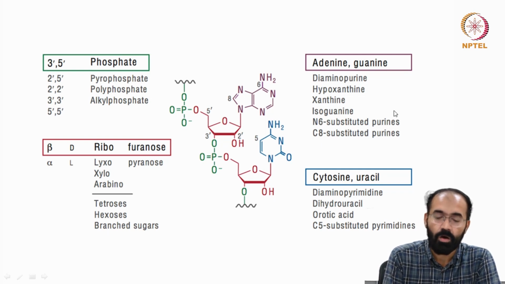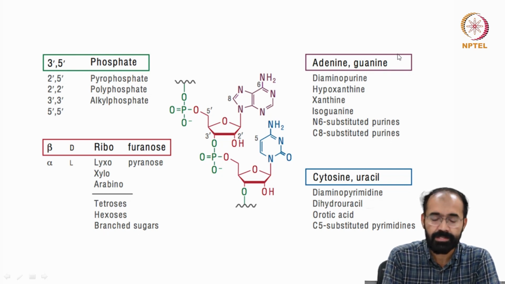And remember, of all these purines that are formed, adenine and guanine are only circled, and you can guess why it is so.